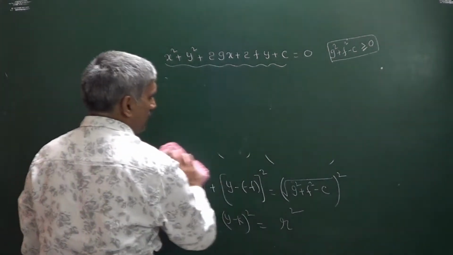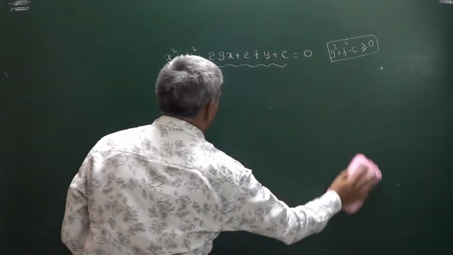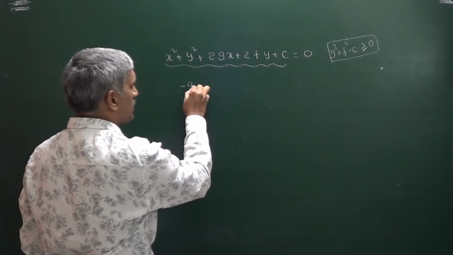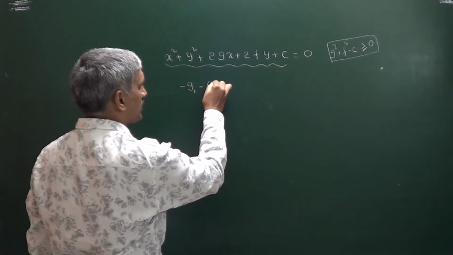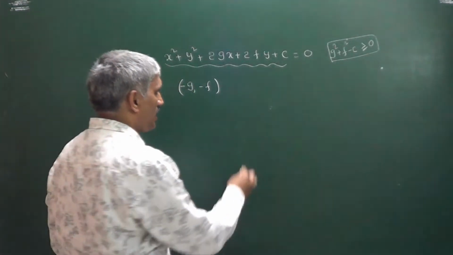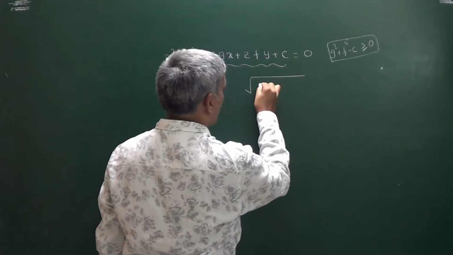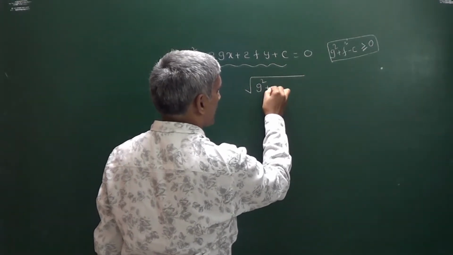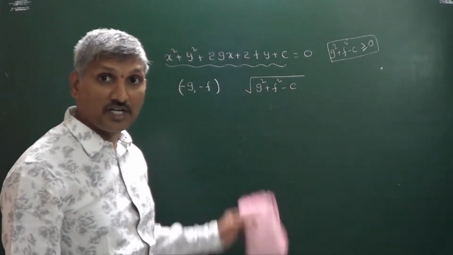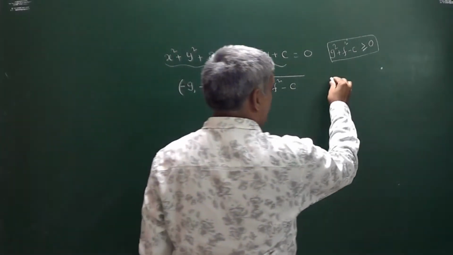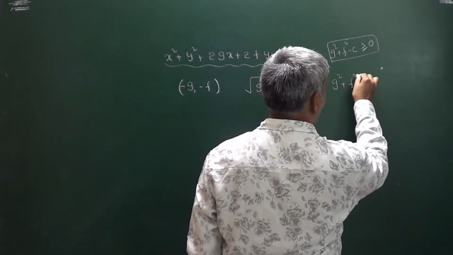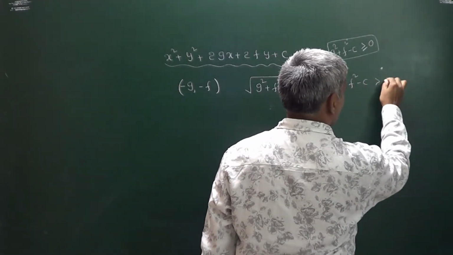So x square plus y square plus 2gx plus 2fy plus c is equal to 0 is the general form of the equation of a circle with the center minus g comma minus f and radius equal to square root of g square plus f square minus c. That circle is real under the condition g square plus f square minus c greater than 0.